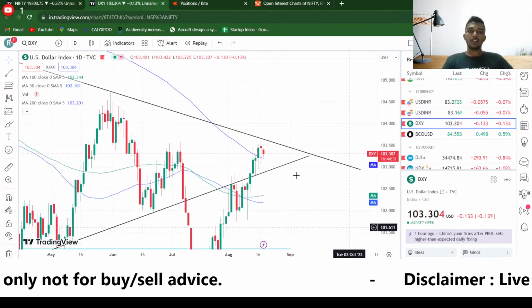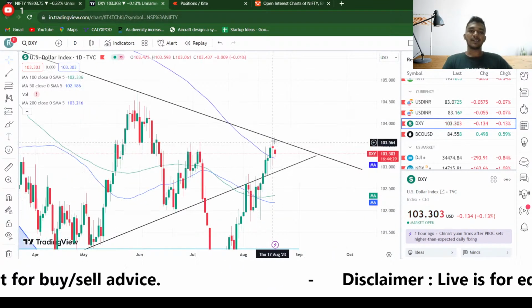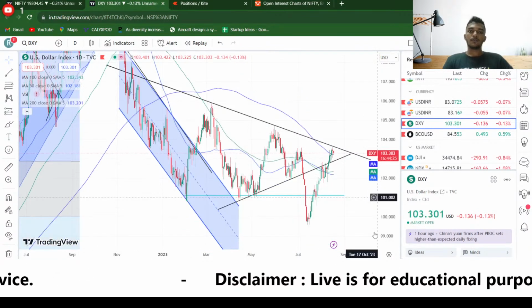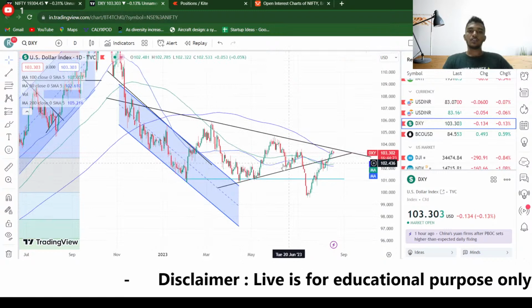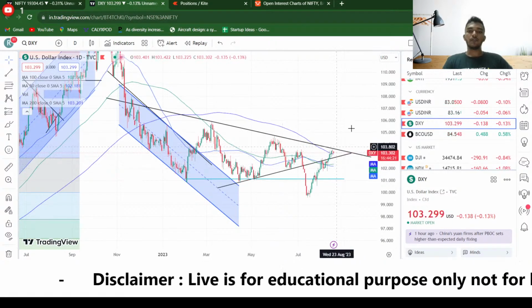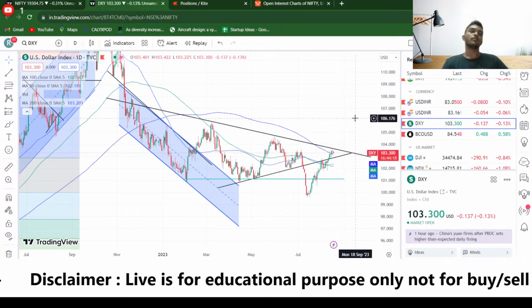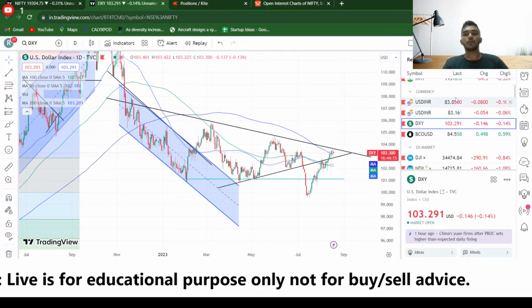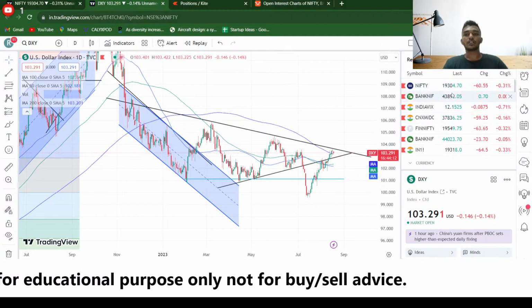I feel that if it breaks this trend line area, let me show you this trend line, then we could see a sharp upside momentum on USD INR. That is the possible condition for the dollar index.